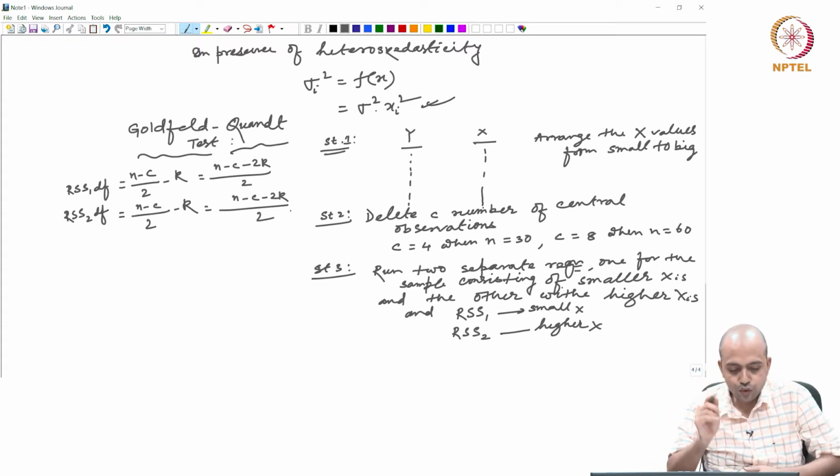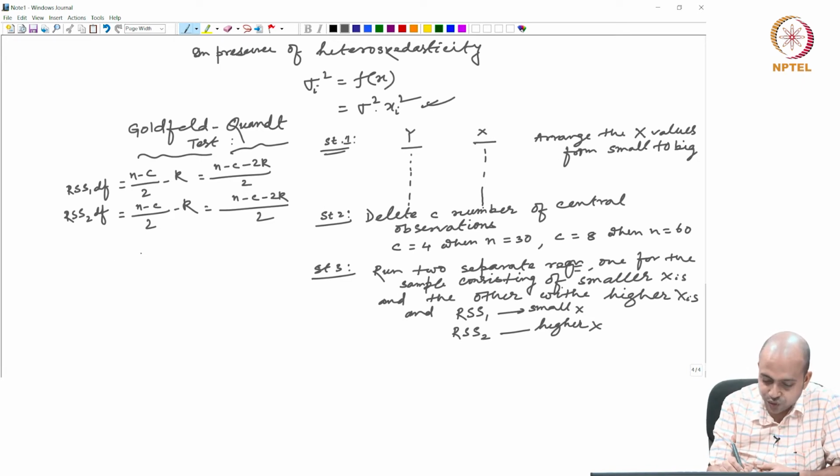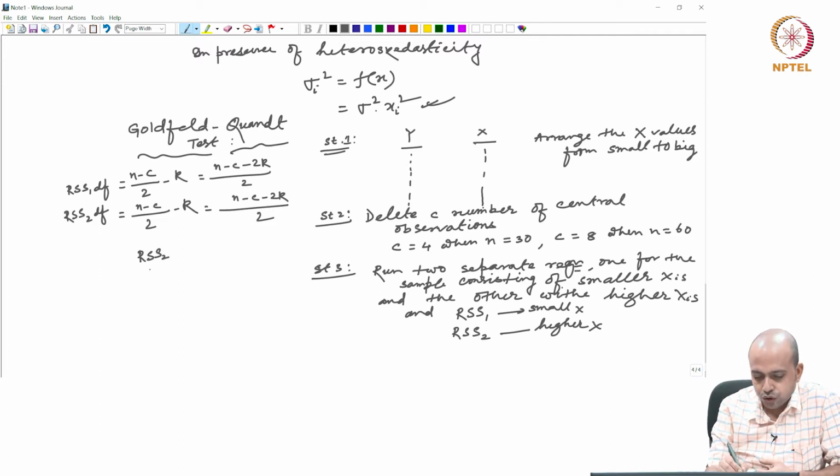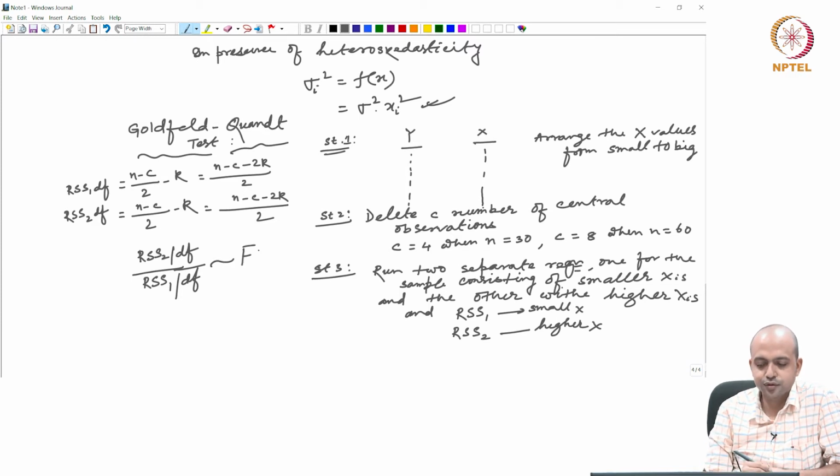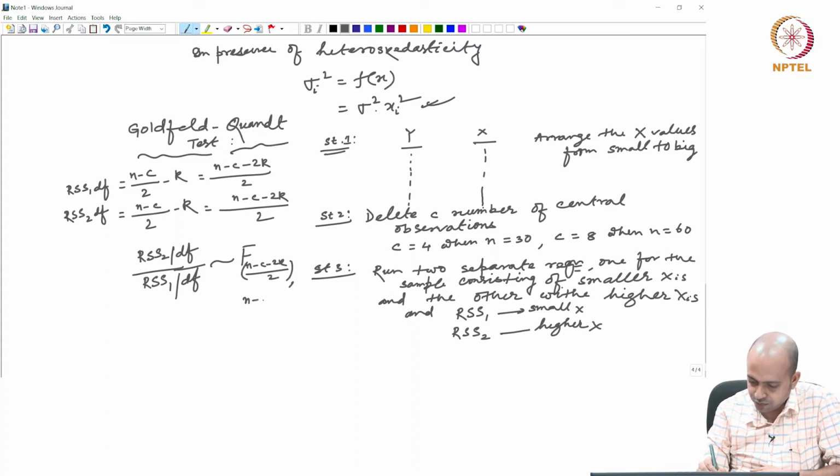Now, if you construct a test statistic in this way, RSS 2 by RSS 1 with their corresponding degrees of freedom, then that will follow an F statistic with degrees of freedom (n minus C minus 2k) by 2 for the numerator and (n minus C minus 2k) by 2 for the denominator.